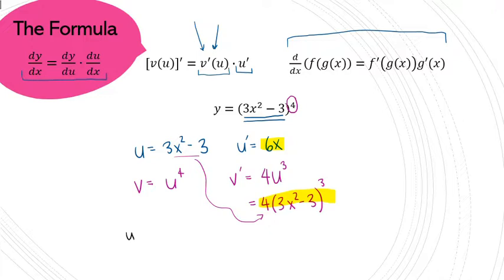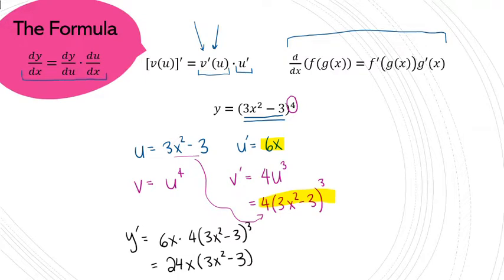So our derivative is 6x times 4 onto 3x squared minus 3 to the power of 3. And you can rearrange, clean that up. 24x into 3x squared minus 3 to the power of 3.